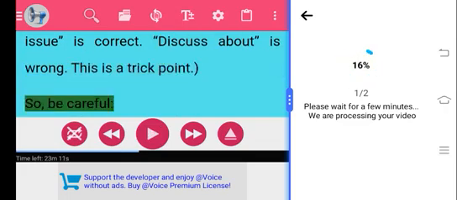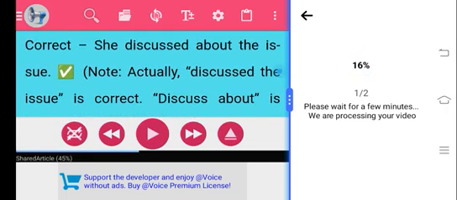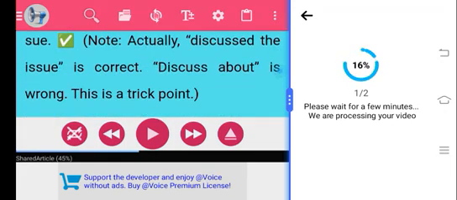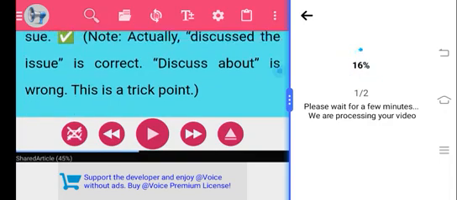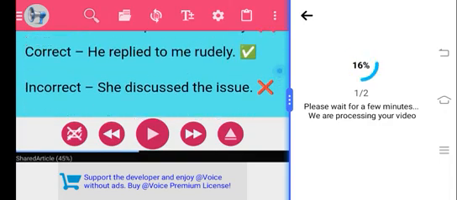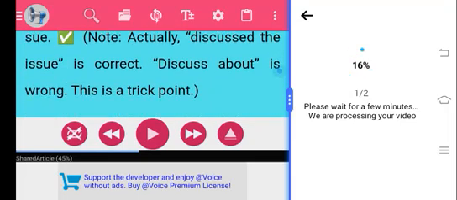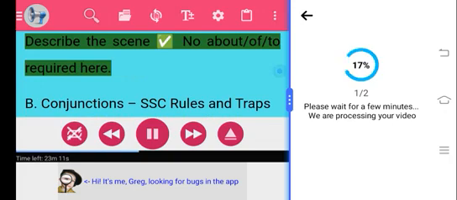This is a trick point, so be careful. Discuss the issue. Describe the scene. Know about up to required here.